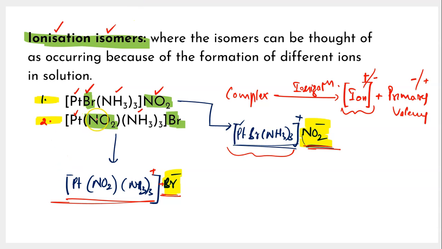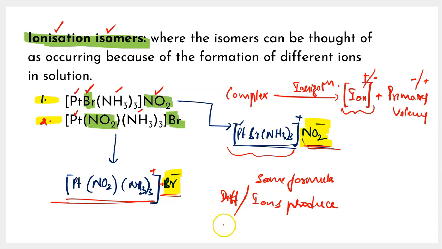But why? Because their formula is the same. These are the ones which contain the same molecular formula. But the difference between both of them is the ions produced after ionization. The ions produced after ionizing the complex is the point of difference. If ions produced are different, then you call those isomers as ionization isomers.